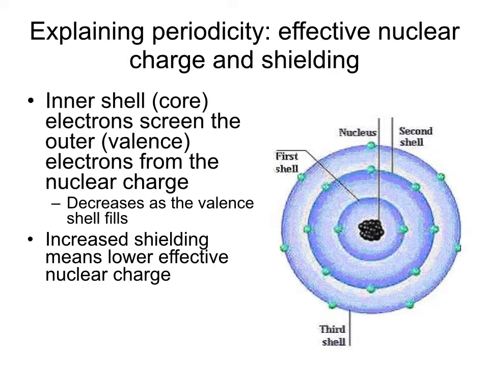Now, one of the things that happens as elements get bigger and you add shells and shells of electrons is that they actually have an impact on the overall effective nuclear charge. The farther away the electrons get from the nucleus, the smaller the effective nuclear charge gets. In addition, the more electrons that are in the way of the outer valence electrons, the smaller the effective nuclear charge gets.